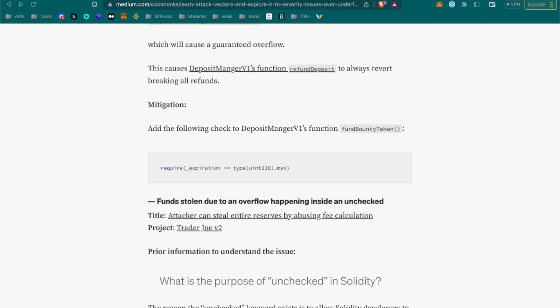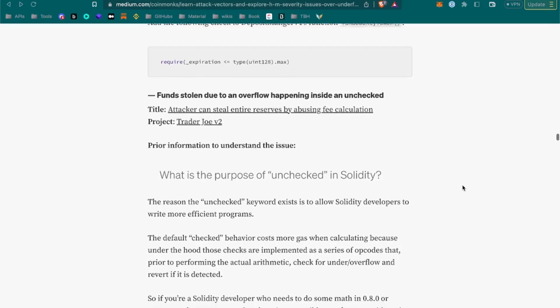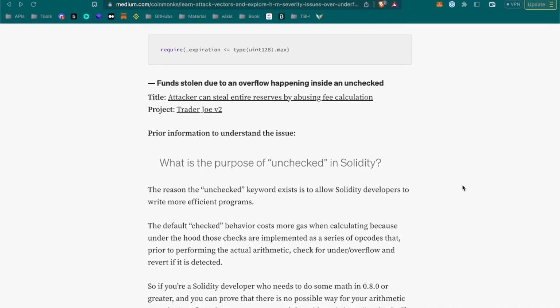So far we have seen the overflow as a silent overflow. We have seen the overflow or underflow in the missing validation for a parameter passed to an external function. So the next one, and last in this video, is funds stolen due to an overflow that happened inside an unchecked block.